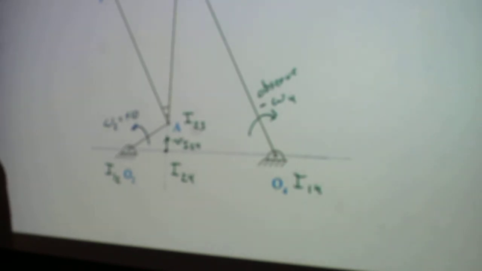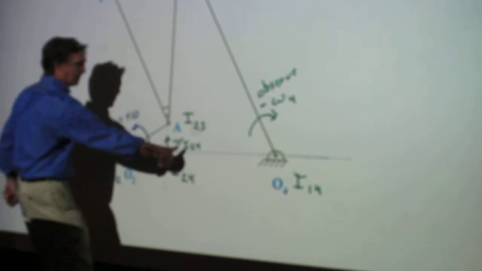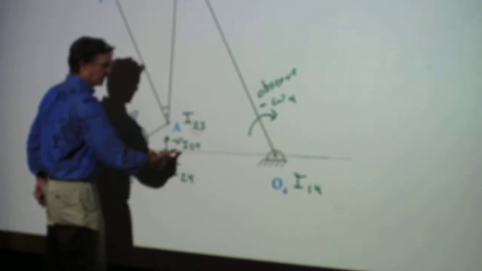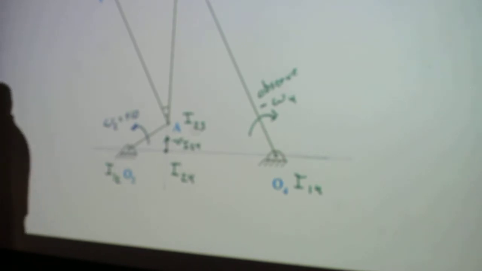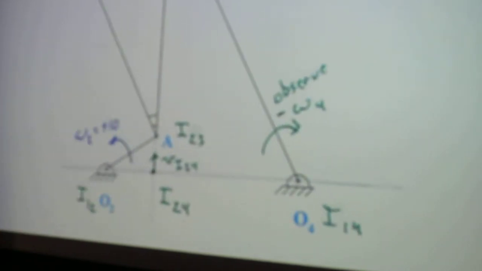Okay? Because I know the direction is this, so I take my fingers and point them in this direction, and I point my thumb through here. It shows that it's negative. Okay? All right.